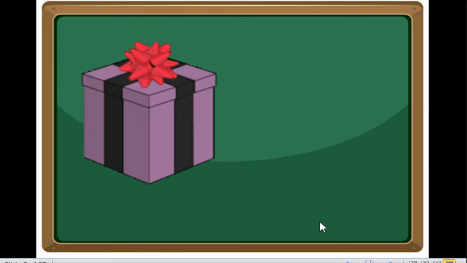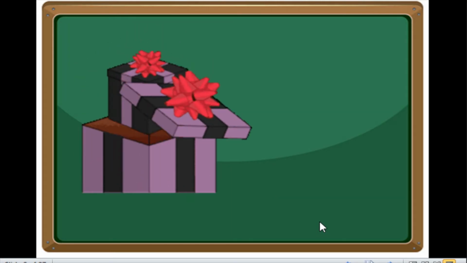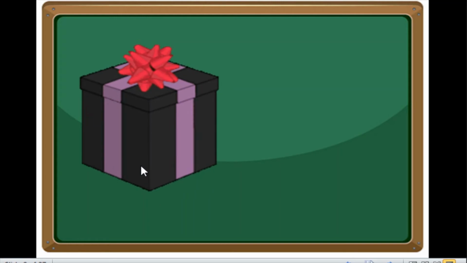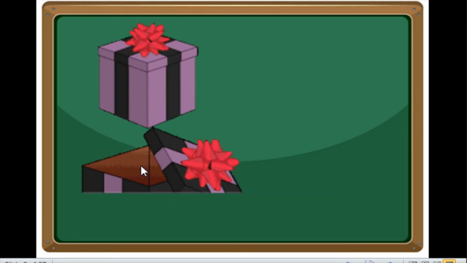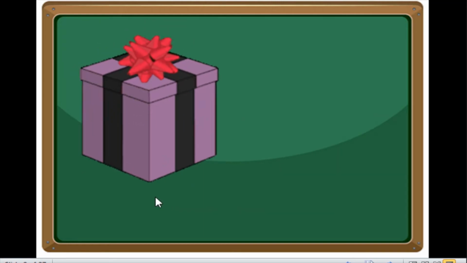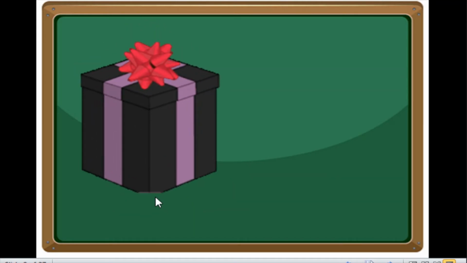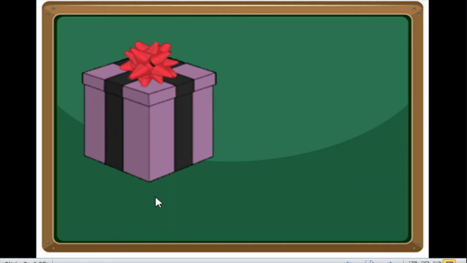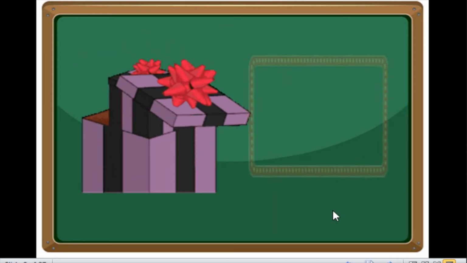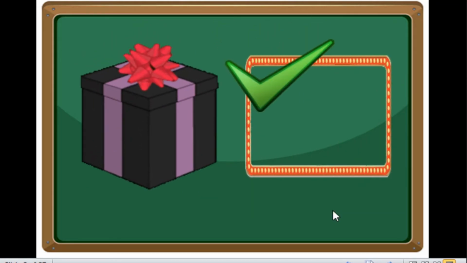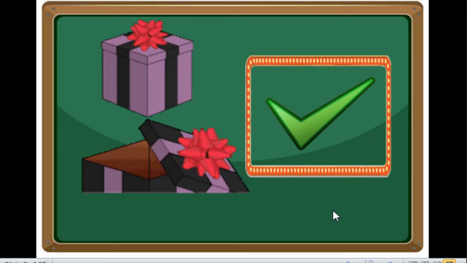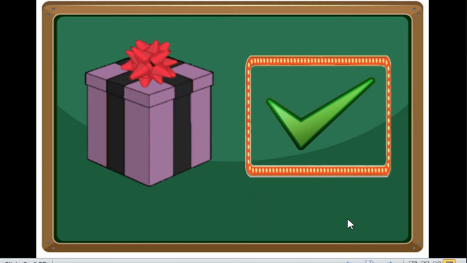How about a box of a gift? Is it an equiangular quadrilateral? Okay, very good. Yes, it is an equiangular quadrilateral.